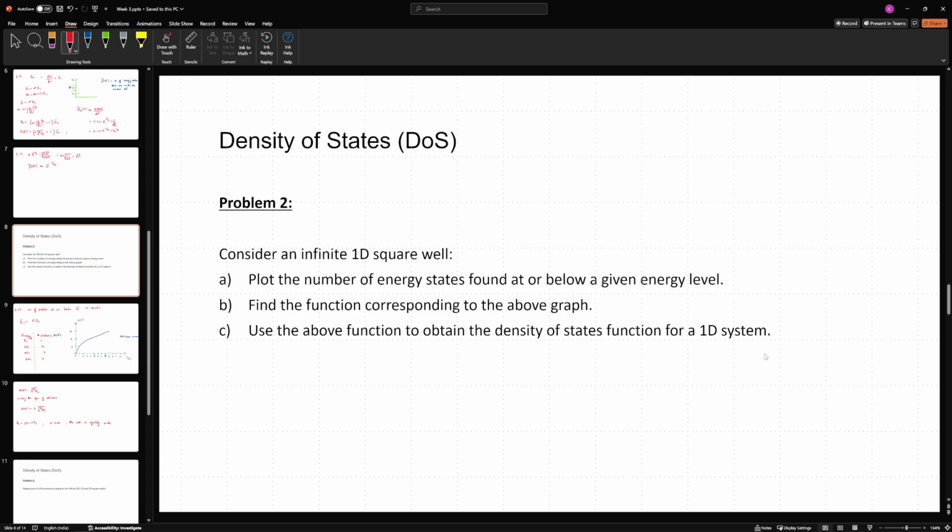What do I mean by a 1D system? Essentially, when we are counting the density of states, we are not considering the potential. We want to find out what is the density of states when I have a free particle roaming in one dimension. So to get that, I need to make my well as wide as possible.